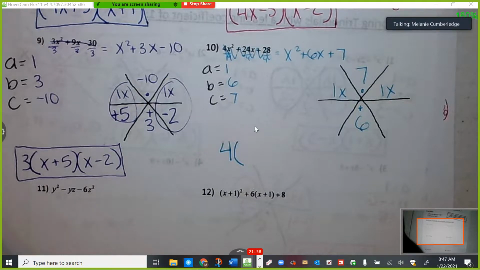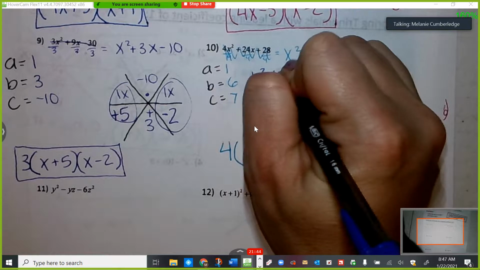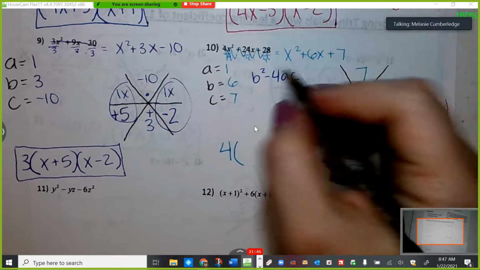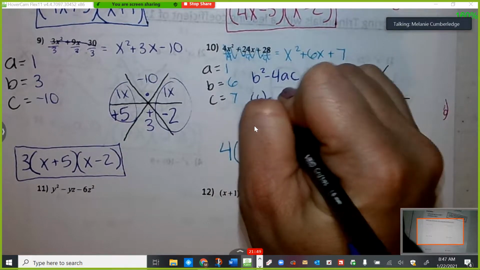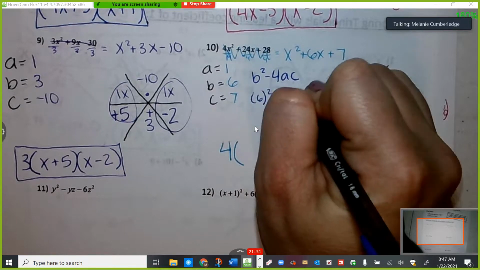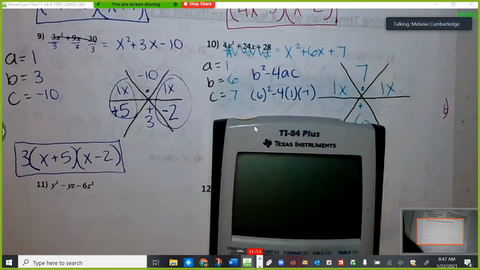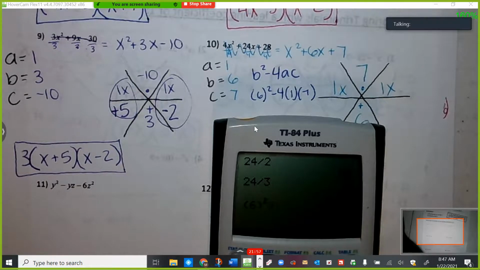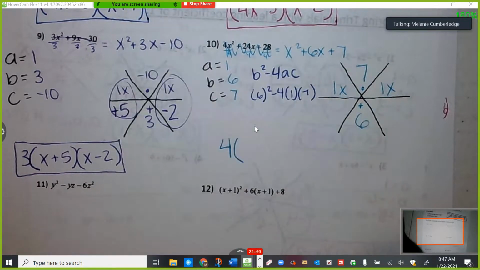It's prime. But freeze, we did take out a factor. So let's double check. B squared minus 4 times A times C. So 6 squared minus 4 times 1 times 7 is 8. 8 is not a perfect square number, therefore it is prime.